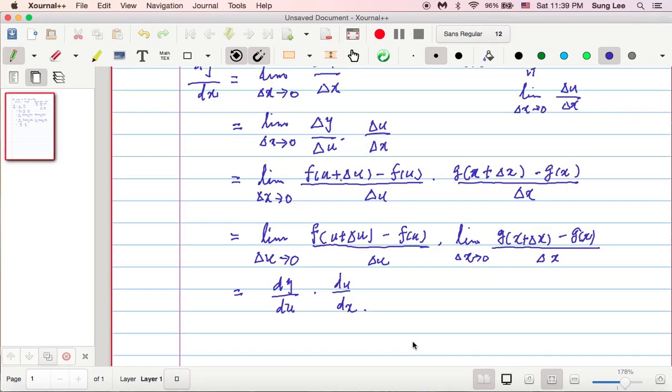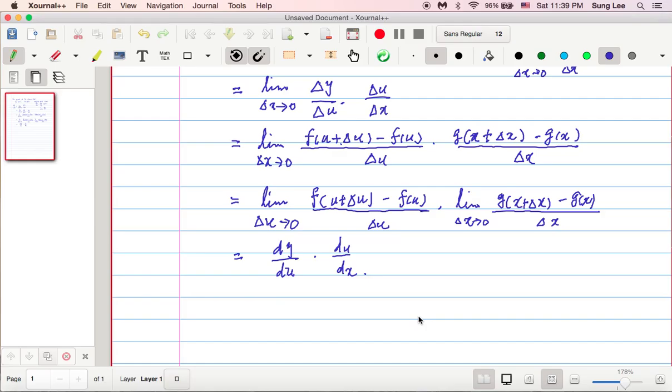Okay, great. However, I must say something. This proof is incorrect. Well, I don't know if I should say that this proof is incorrect. It's more like it's not rigorous.